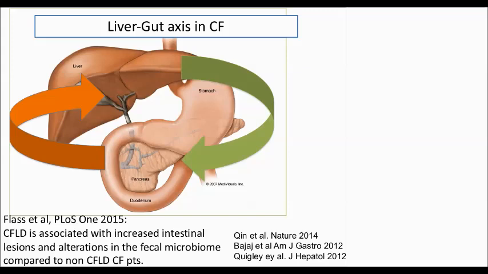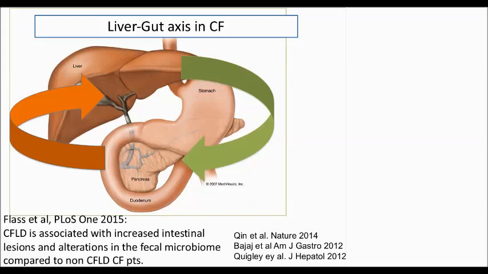There was a nice study out of the group around Markowitz looking at biomarkers for children developing CF liver disease, who found that those who did develop liver disease had increased intestinal lesions. The others also had intestinal inflammation, but they had more when they scored these lesions.